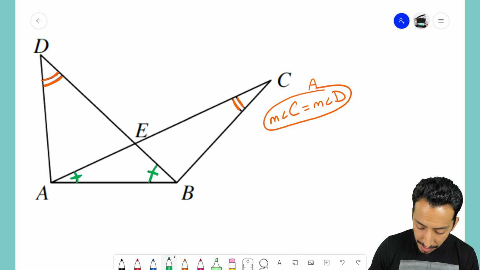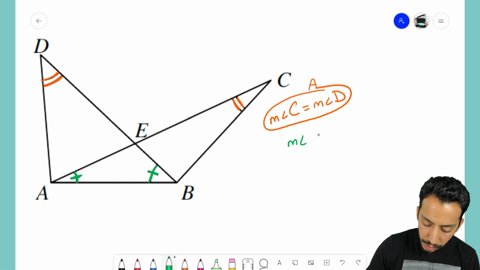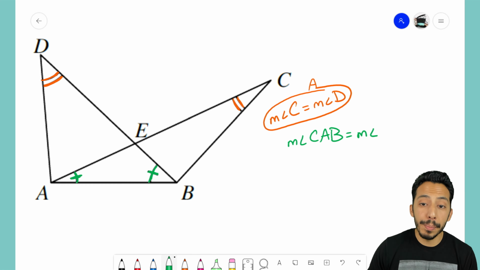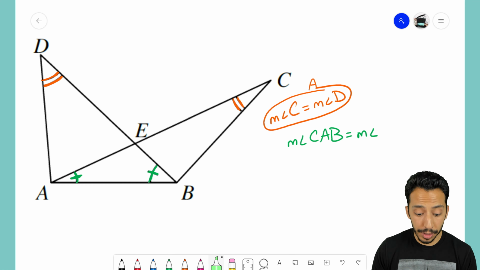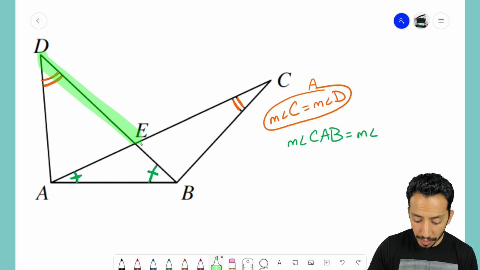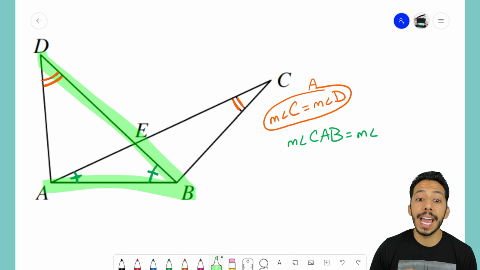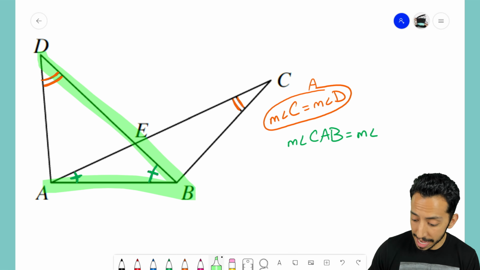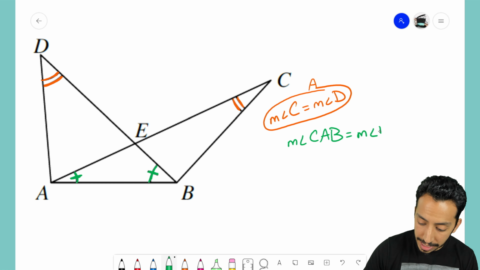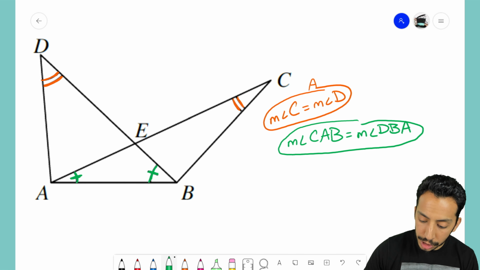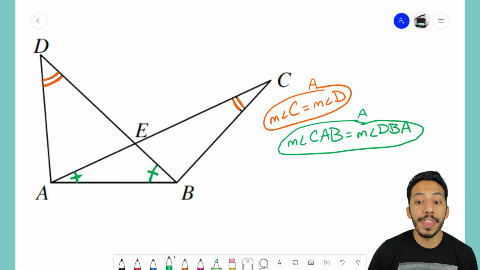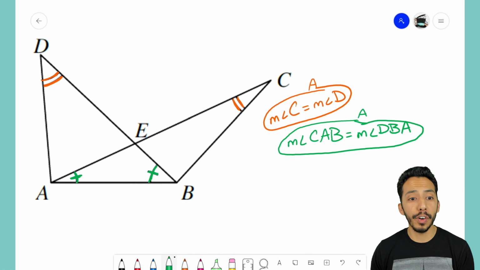So we can write that the measure of angle CAB is going to equal the measure of angle, let's trace the other one now. I think we could call that DBA. DBA. That's good. Okay, let's write that down. DBA. Perfect. All right, so we have two angles so far that are equal. This is good for us.